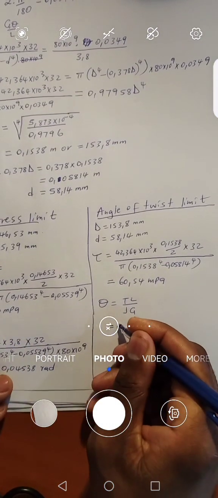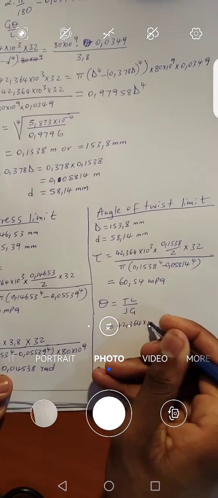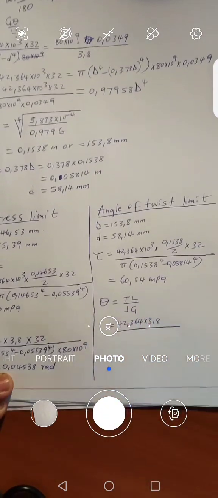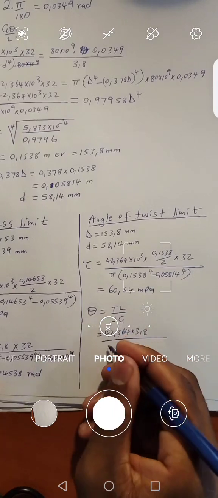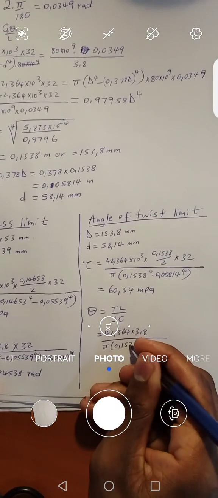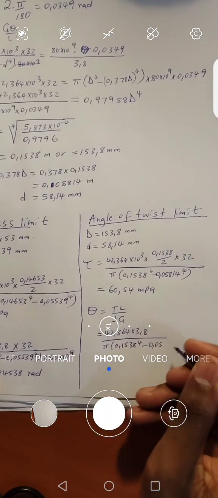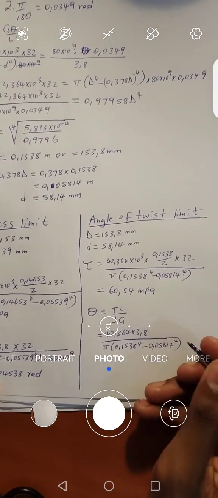So torque is the same thing, 42.364. 3.8 is the length. J is this one. It's pi times 0.1538 to the power 4 minus 0.05814 to the power 4, over 32.